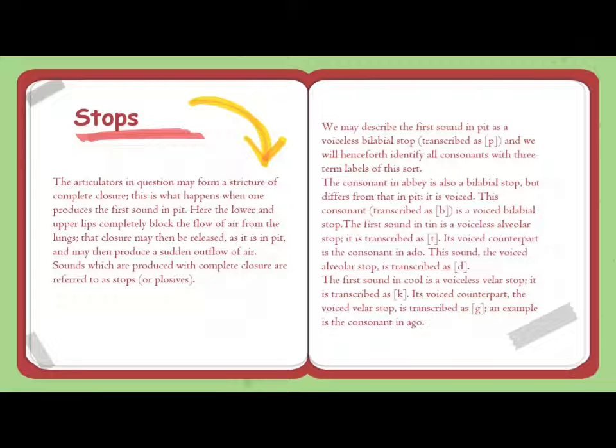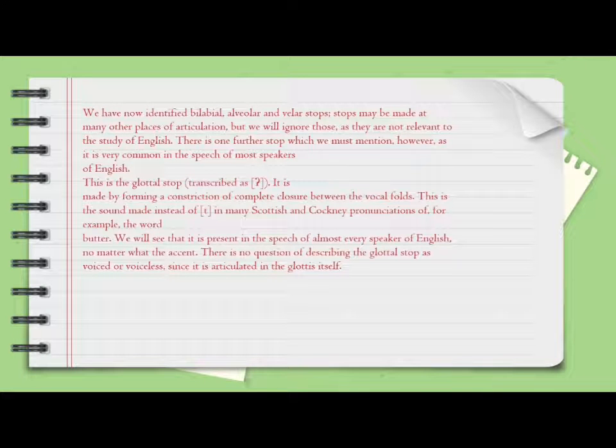An example is the consonant in go. We have now identified bilabial, alveolar, and velar stops. Stops may be made at many other places of articulation, but we will ignore those, as they are not relevant to the study of English.